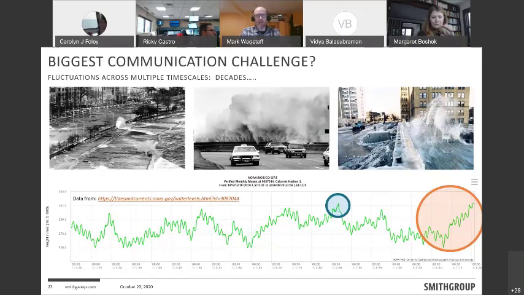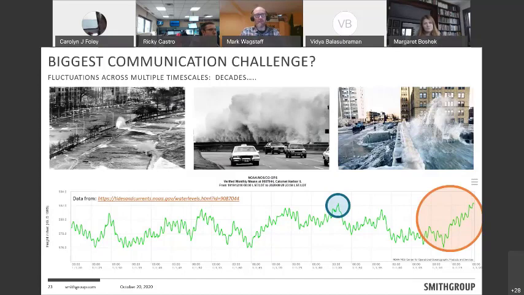The lake level over the last 100 years is one that we've already seen today, but helping people remember that, while we're at record highs now, it wasn't so long ago, just 2012, that we were at record lows, and then it was back in the 80s that we had previously seen lake levels at this height. So just helping people remember and understand the long-term nature of some of the changes.